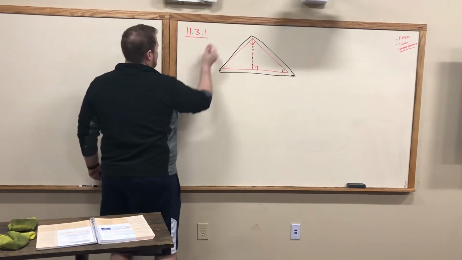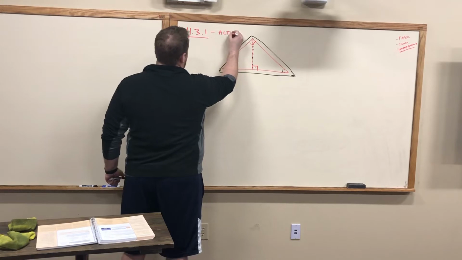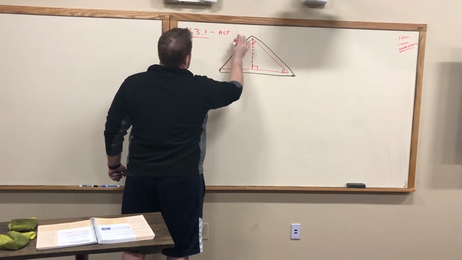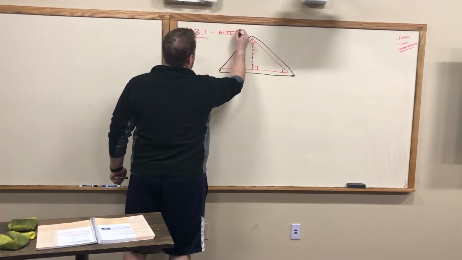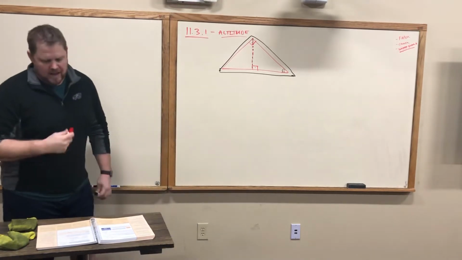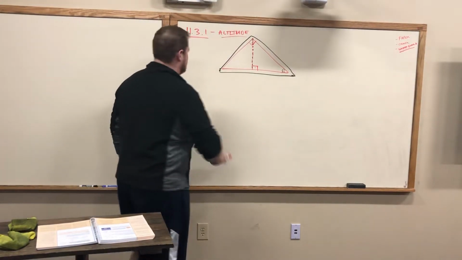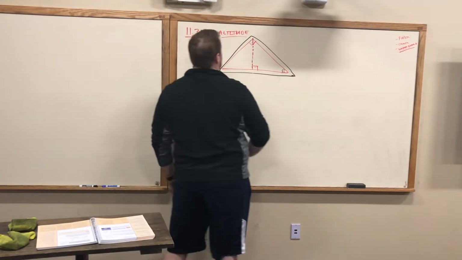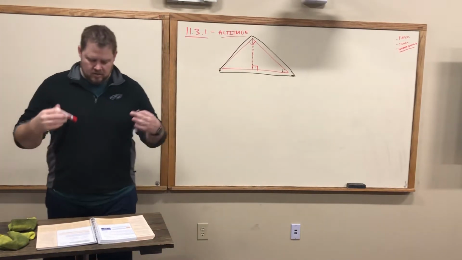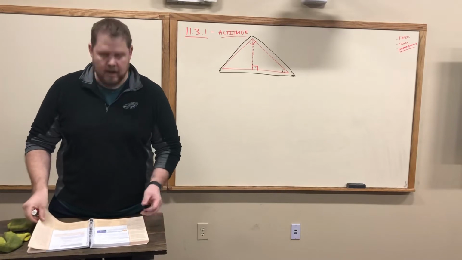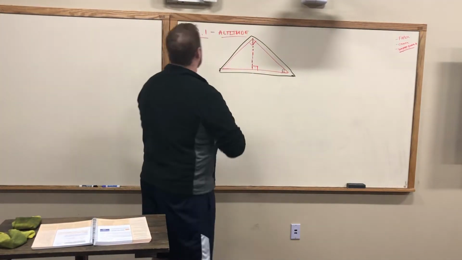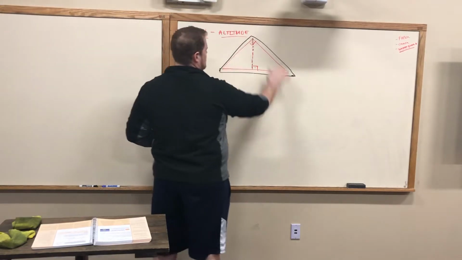11.3.1. And that is altitude. Can't spell altitude. Okay? If it's a right triangle altitude theorem, what is it saying? It is this. If I draw an altitude, it's going to make these into right triangles that are going to be what? Similar. These two both are going to become right triangles that are similar to the big one.